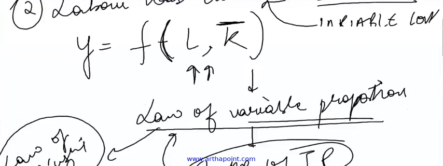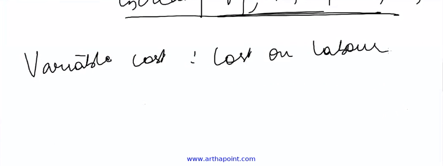So mostly I can say that the variable cost is the cost on labor. It will also include other things: electricity, buying raw material, or spending on anything in the production which can be changed in the short run.